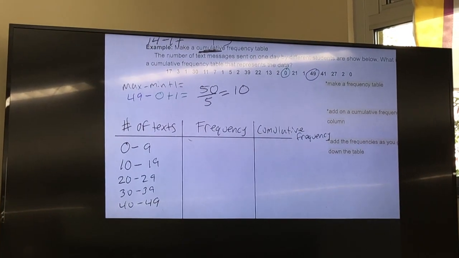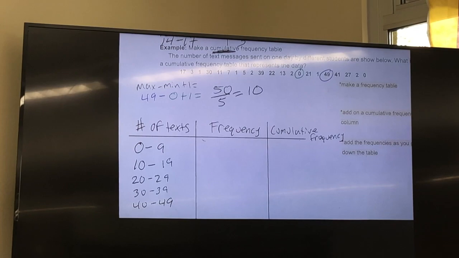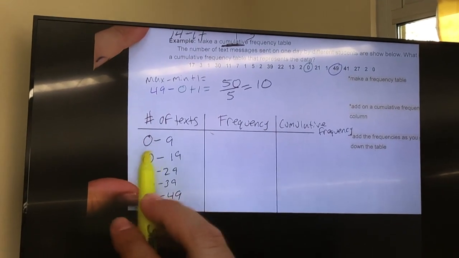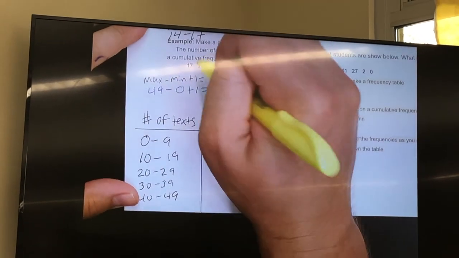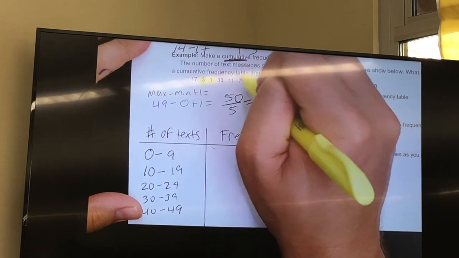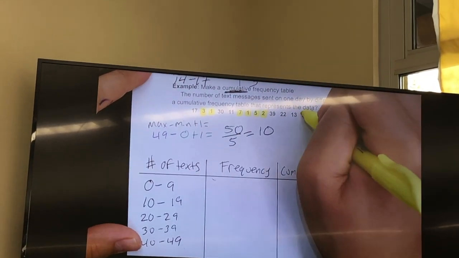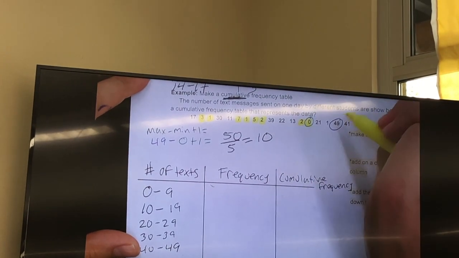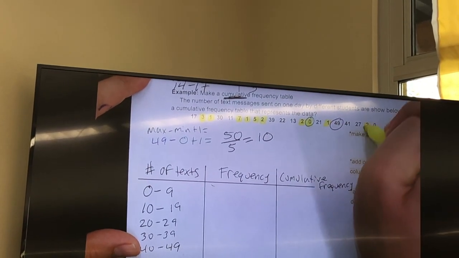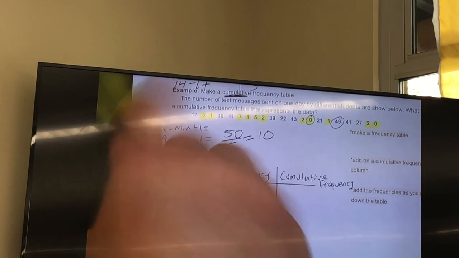We're going to start counting our groups now. Okay, so 0 through 9, we have 3, 1, 7, 1, 5, 2, 2, 0, 1, 2, and 0. So that was a lot.